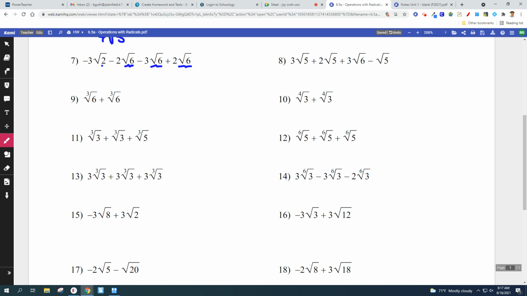So put the ones that are alike together. Negative 2 of these things minus 3 is minus 5 plus 2. Well, essentially these two just cancel each other out, and we've got negative 3 radical 6. You can have negative 3 radical 2 minus 3 radical 6. That's it. That's the answer.